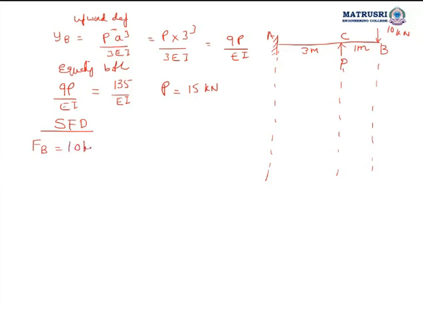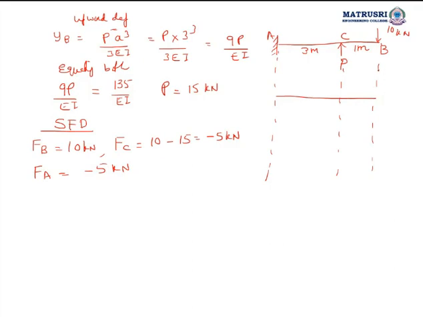So 10 kilonewton. Then I go for F of C. F of C is 10 minus P, upward is positive here. So how much is this? Minus 5 kilonewton. Then F of A, there is no load between C and A, so the same 5 will go.